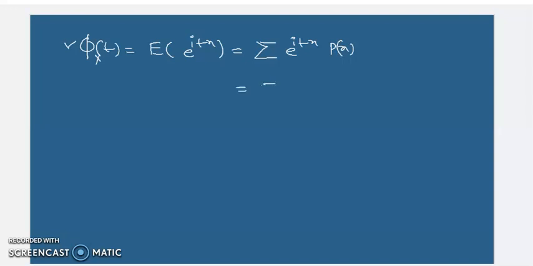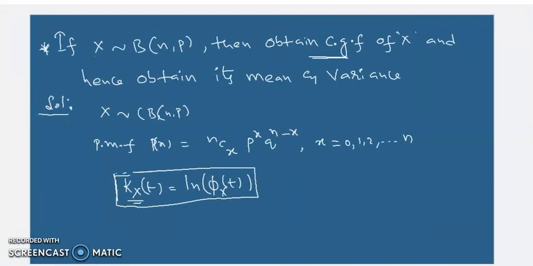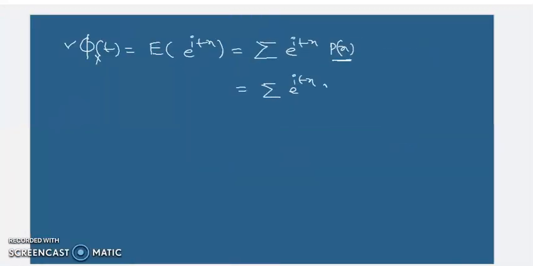From that, summation e^(itx). Here the P(x) value we already have in this problem: nCx p^x into q^(n-x).